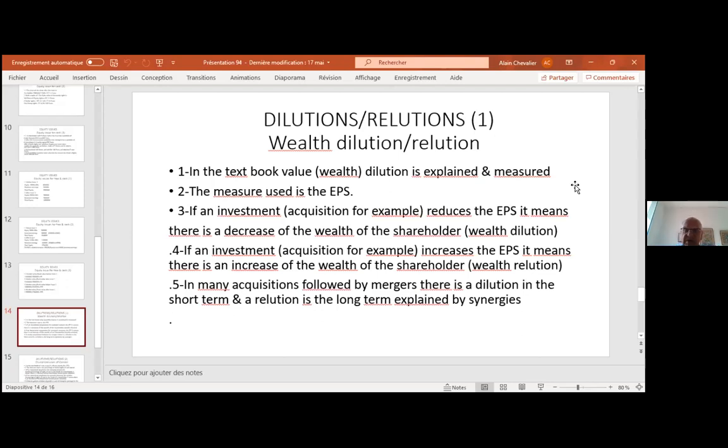So in many cases, wealth is going down, decreasing, and then increasing. And it is what we call the dilution effect, followed by an accretion effect. So this is what we try to measure in many cases. We find this again in the course on mergers and acquisitions.